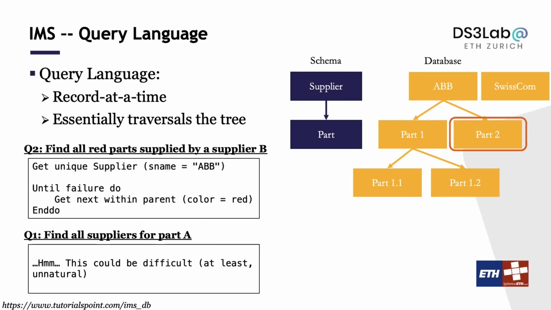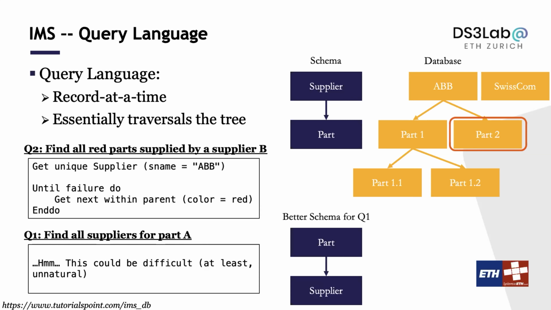So if your query fits your data structure, it's very easy to implement, as with Q2 here. But if the query doesn't fit your data structure, it could be very, very difficult to implement, and that's one example here. Okay, so what if I really want to answer Q1?